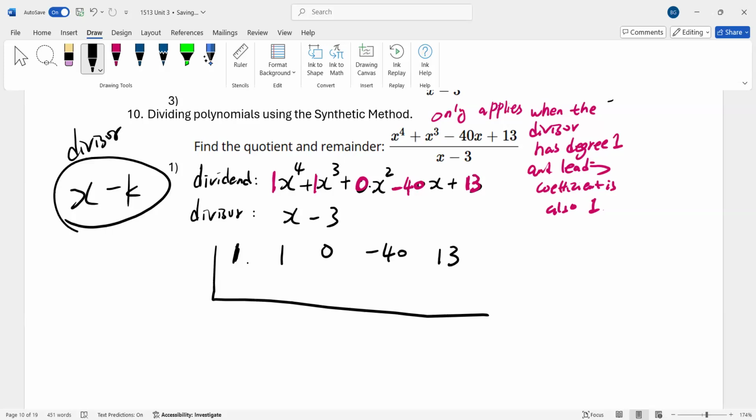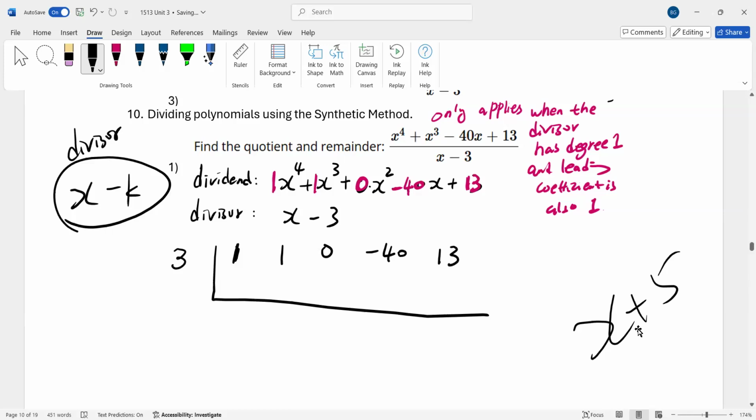And then we put a k right here. x minus k is the divisor. In our problem, k is 3. If we have x plus 5, then k would be negative 5, so just be aware of that.